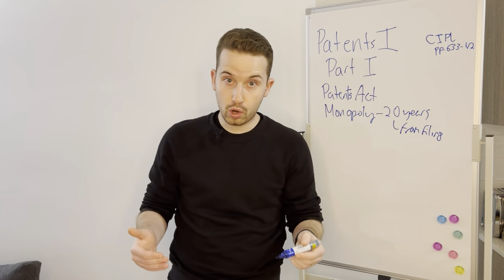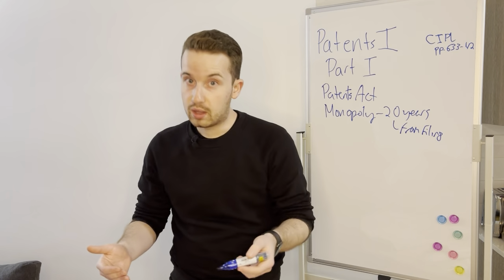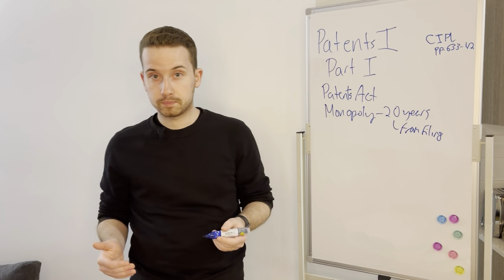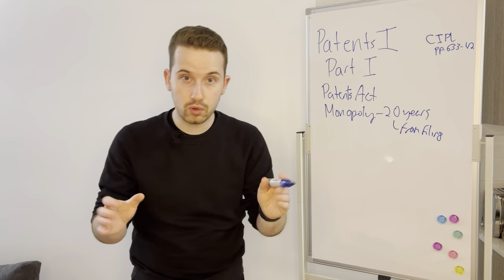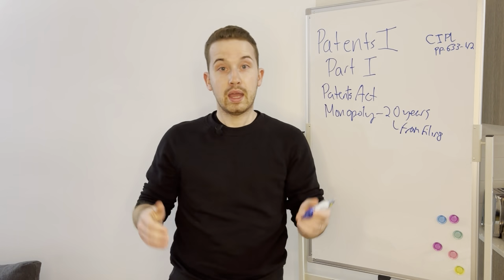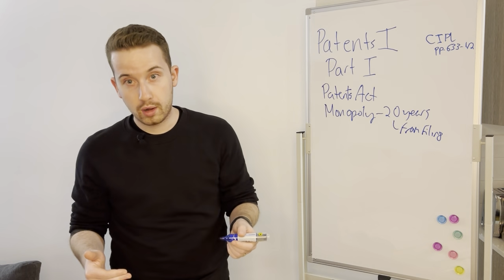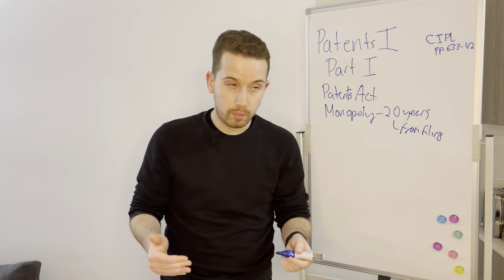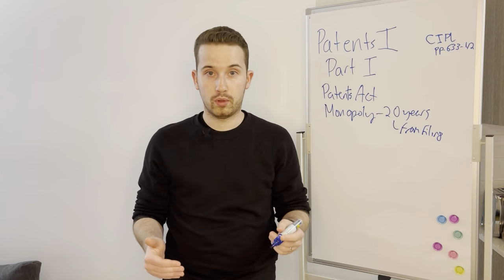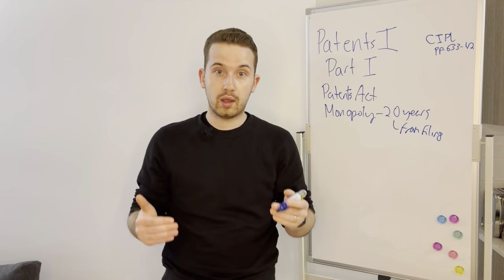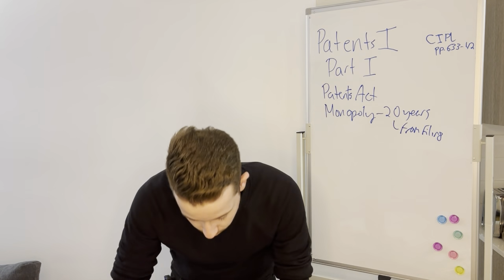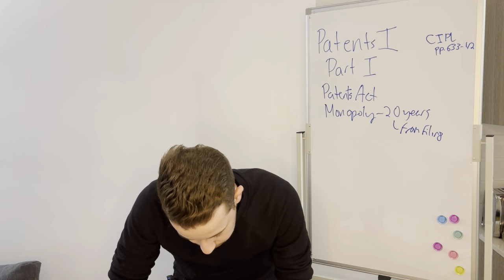The government's going to look into whether the thing does what you're saying it does, or can do what you're saying it does, and that takes a while, and therefore it might be a while before you get your patent and your commercial monopoly, but the period under the Act starts running from the date that you filed.